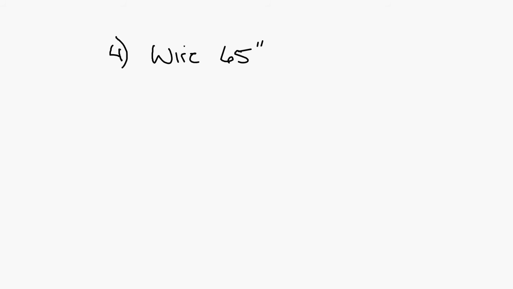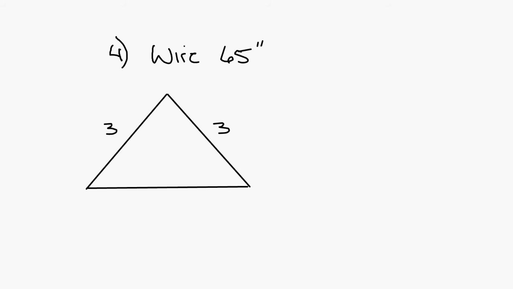And then he's making these triangular shapes. And if each triangular shape is an equilateral triangle, it means all the sides are the same, and they're equal to 3, right? So how much wire does he need to make one of them? 9. He needs 9 to make one.